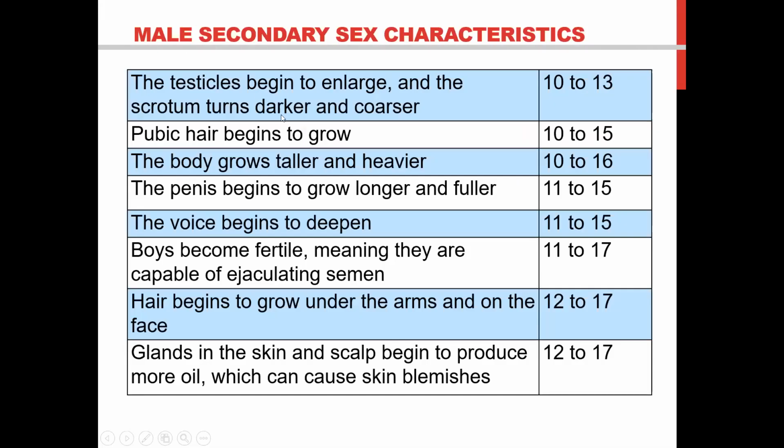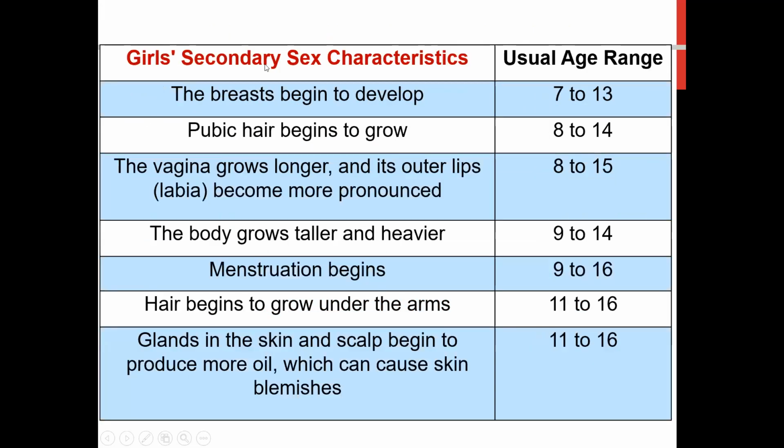For the male secondary sex characteristics, this is the age group in which the testicles begin to enlarge and the scrotum turns darker and coarser. So this is the age group, and this is what happens during the development of the male secondary sex characteristics. And this is also the girls' development of the secondary sex characteristics, and up to what usual age range.